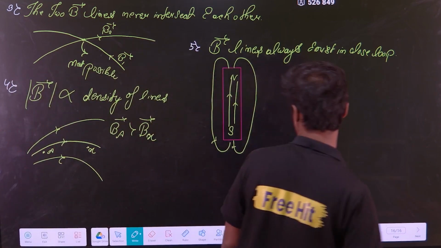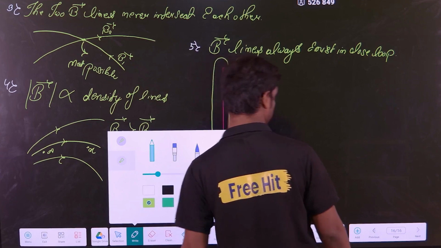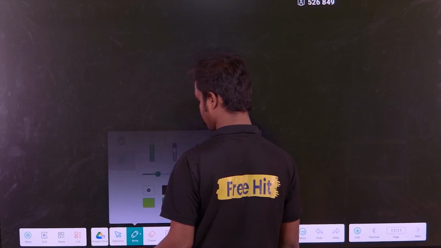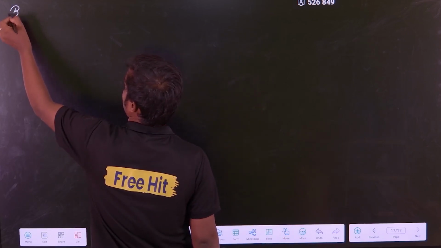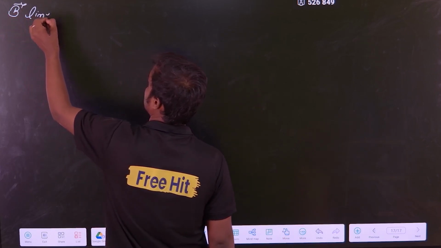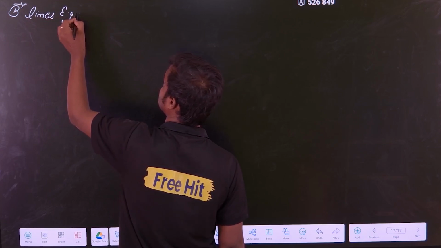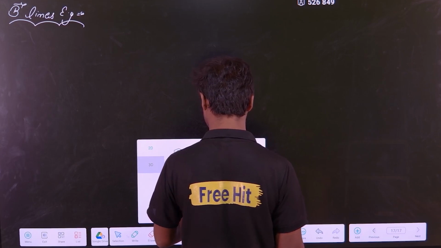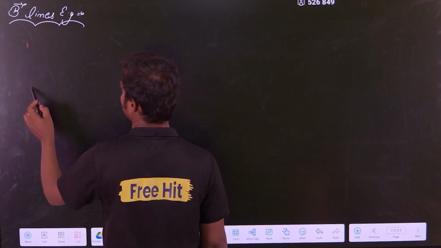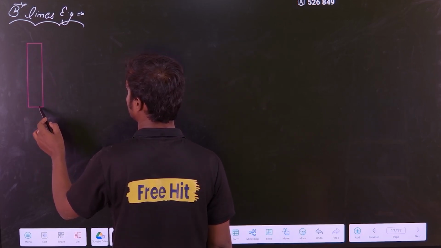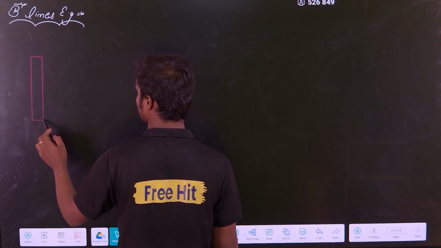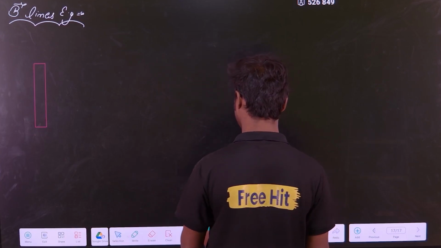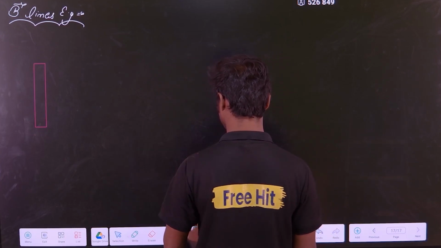Now let us draw the magnetic field lines due to different geometries. Some famous examples we will take so that you get the idea. Let us first talk about a bar magnet, how the magnetic field lines look for a bar magnet. Then let's take a circular ring.